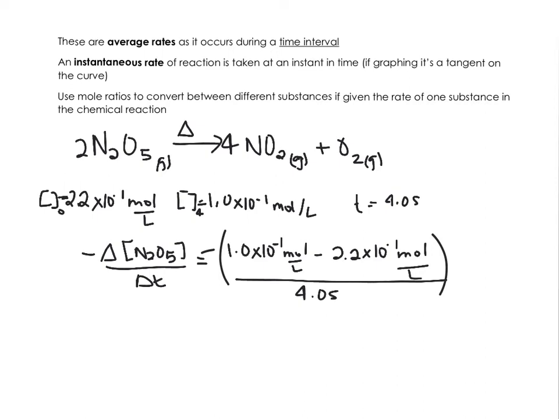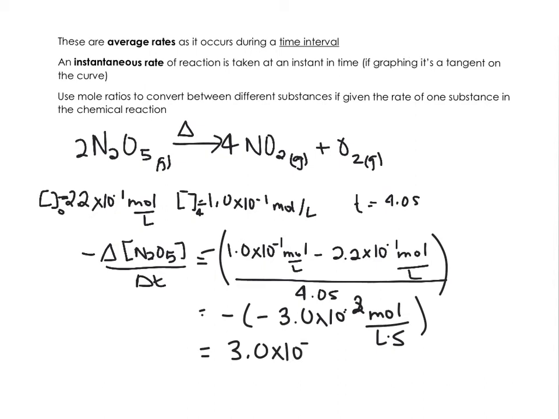All right, so 1 times 10 to the negative 1 minus 2.2 times 10 to the negative 1, over 4 seconds, is equal to negative 3 times 10 to the negative 2 moles per liter per second.